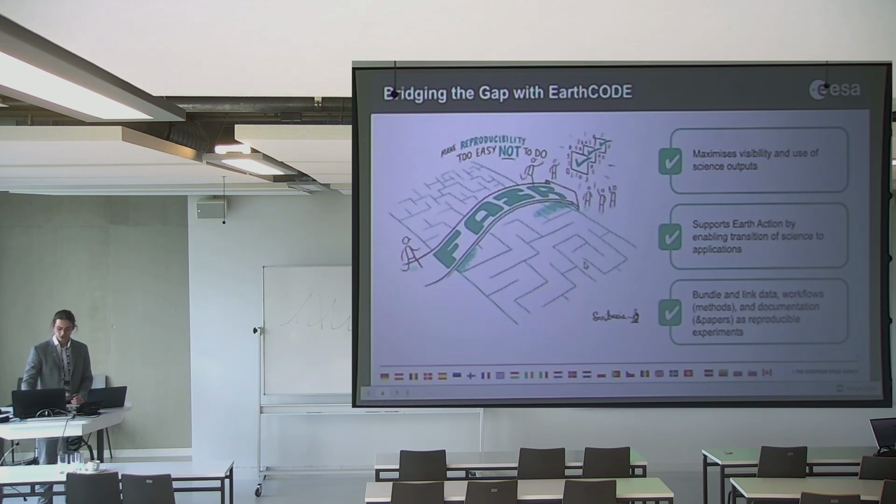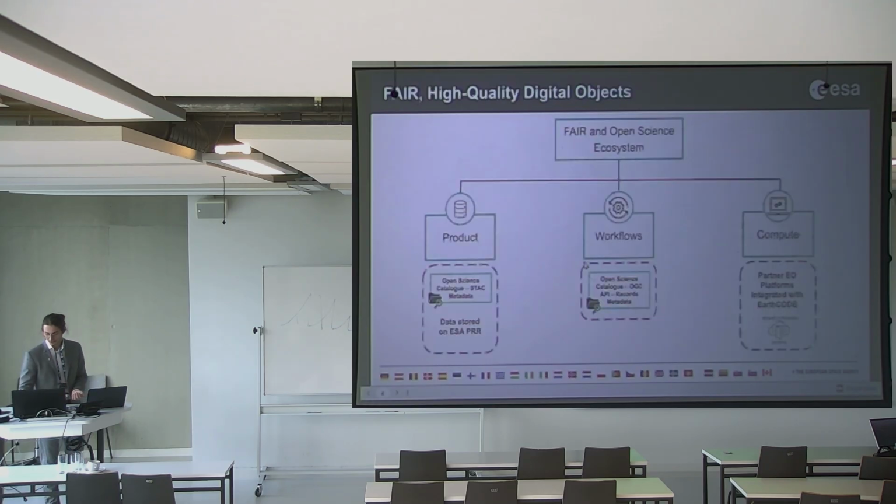It has a concept of platforms, where you're able to essentially use the code that was published to reproduce the results and reuse the code itself, or develop initially the algorithms for what you're trying to do. And then essentially it maximizes the visibility of the science outputs and tries to make them a first-class citizen when it comes to research outputs.